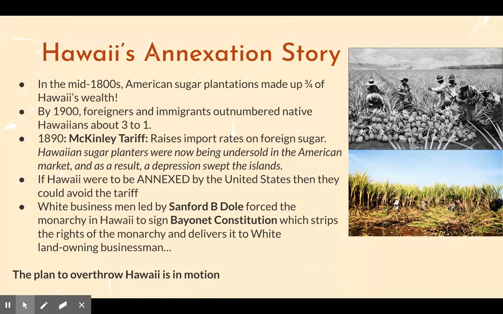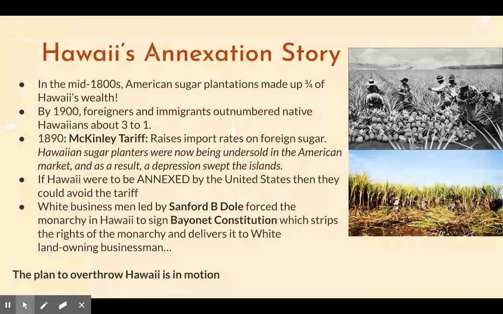In 1890, there was actually a tariff, and this is very important to our story. In America, we made a tariff that raised import rates on foreign sugar. A tariff is a tax on imports. So that means anything coming into our country from another country is getting taxed.